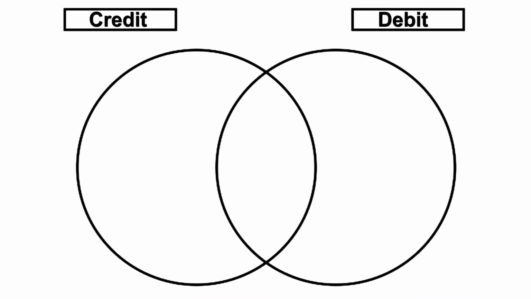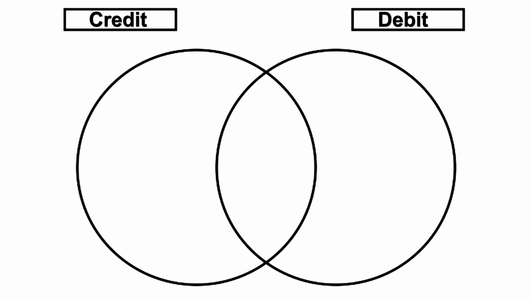Now, I want to see if you can guess. You're going to look at the chart on your screen and answer questions. You're going to answer whether this is a debit card characteristic or a characteristic of the other card. Sometimes it will be a characteristic of both.